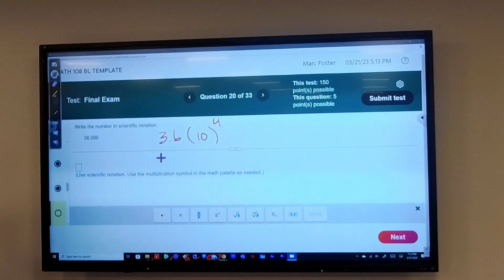It would have to be 3.6 times 10. I don't put x because I don't like it. We don't need it. You mean times. Yes. So say that. 3.6000 would be paying attention to the significant figures.